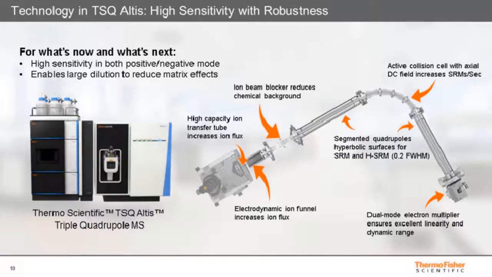The system offers very high sensitivity in negative mode, which is crucial to reach low concentration levels for anionic pesticides. All technical enhancements, such as novel ion optics able to reduce chemical background by ion beam blocking, and source design, increase robustness, reduce maintenance, and improve reproducibility.